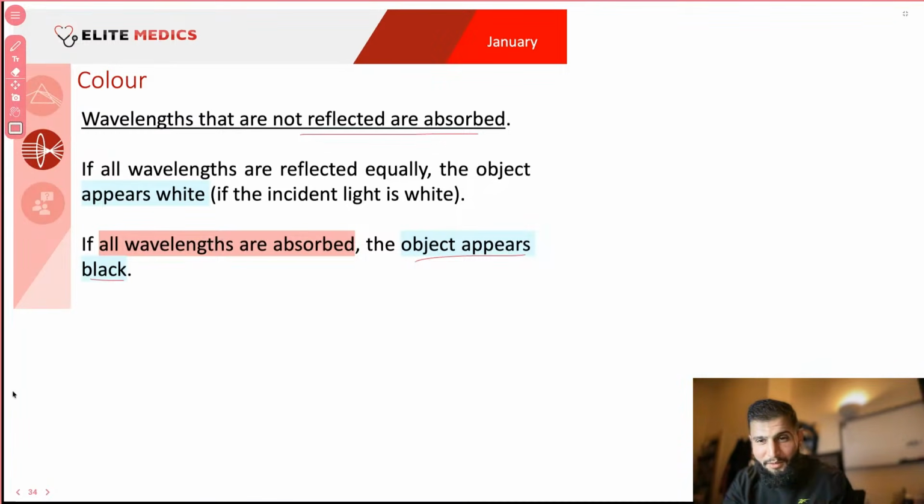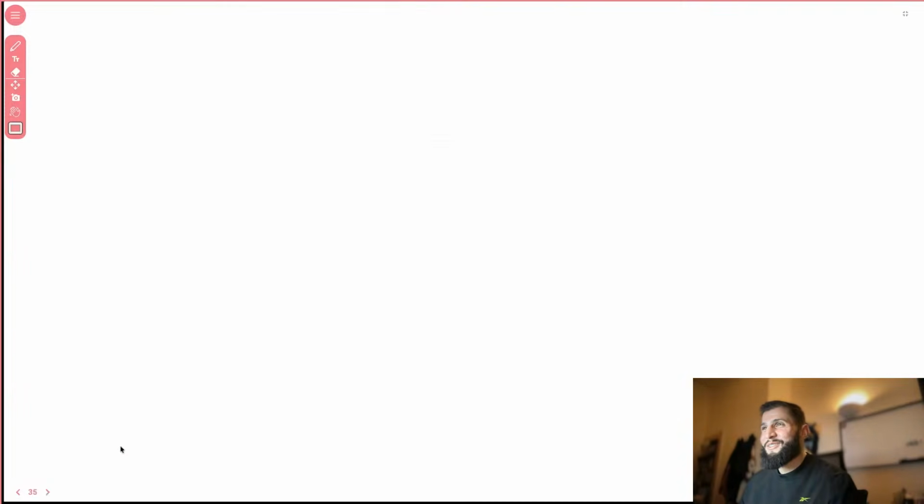Wait, but you saw white. I saw it as white through the filter because it absorbed all the red light. That's the only thing that makes sense to me. Okay, anyways, we're going to move on. I'll see if I can understand the question a little bit later.